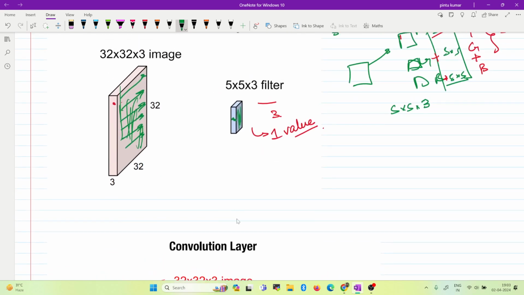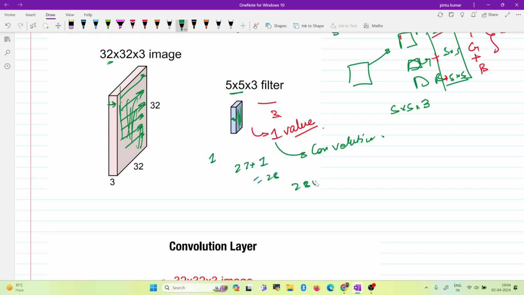Okay. So this is a 32 cross 32 cross 3 input. Now depth is 3. Just ignore the depth for the time being. And you have a 5 cross 5 filter. Then what is the output convolution feature size? So there is no stride over here, the stride is only 1. So 32 is your input minus 5, that is 27, plus 1 would be 28.